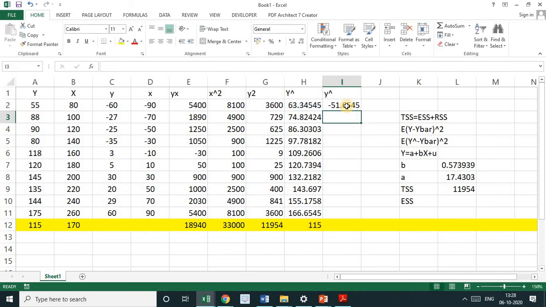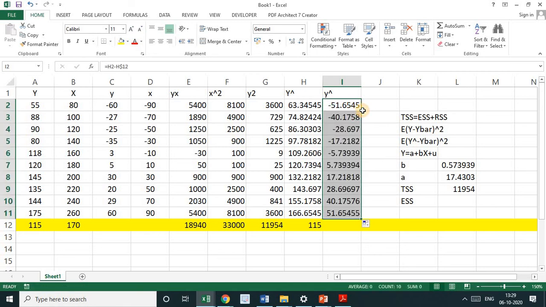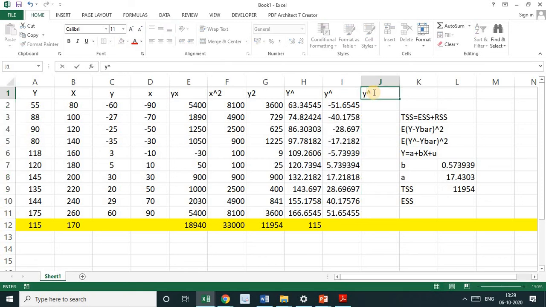It is 51 point something. If you do it for all, you will get small y cap. Then you have to find small y cap square.